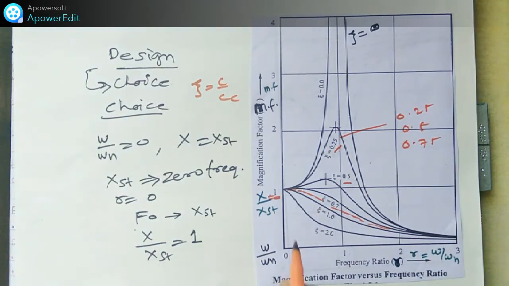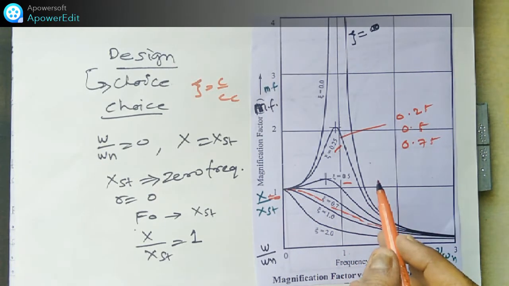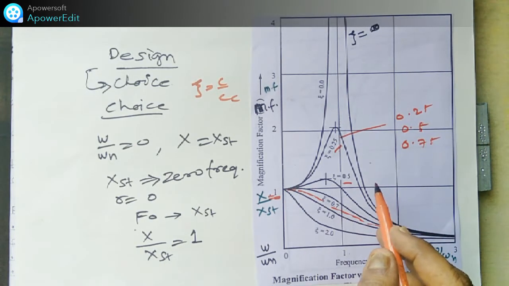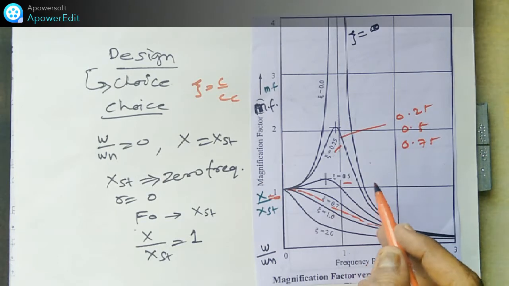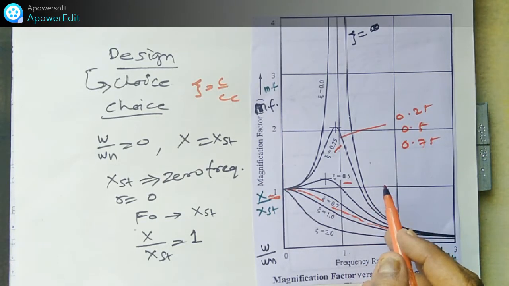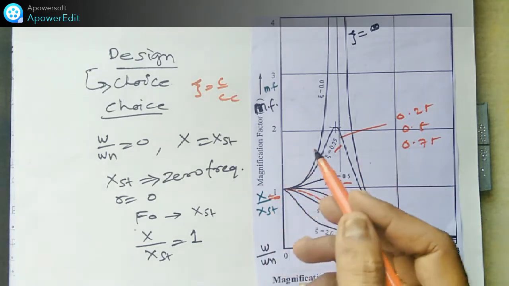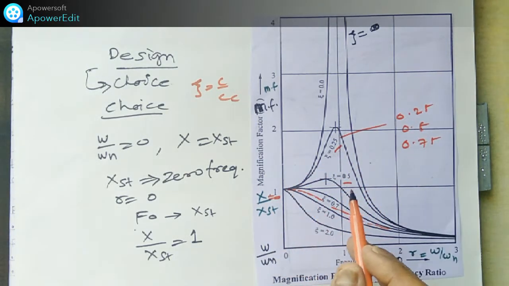What is the meaning of these peaks? We can see that the response does not take maximum value at r equal to 1, meaning the maximum does not take place at resonance, but a little earlier than the resonance point.